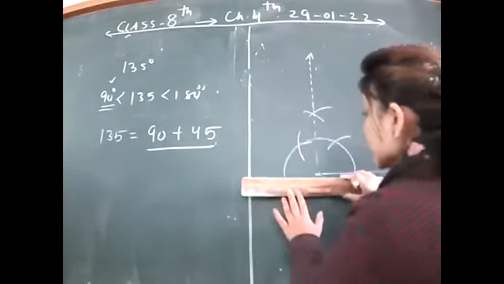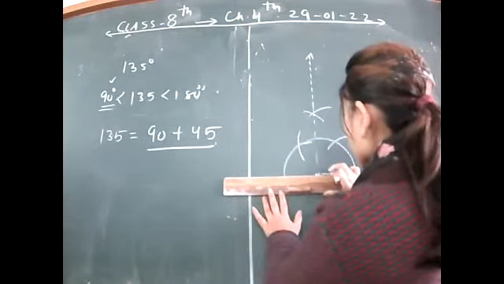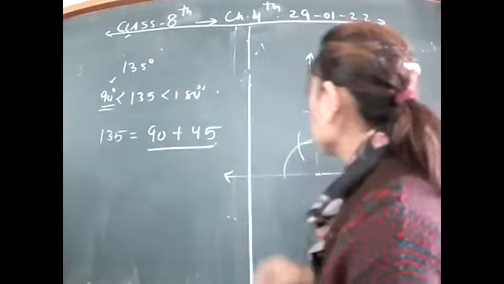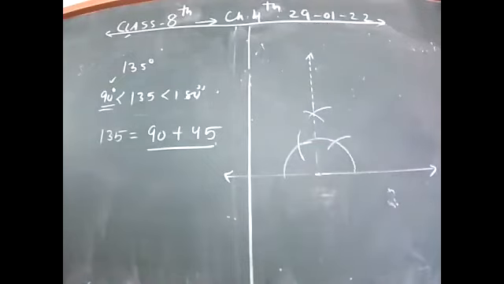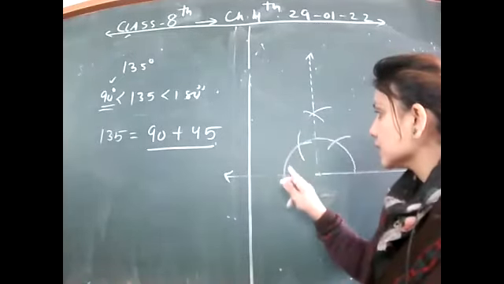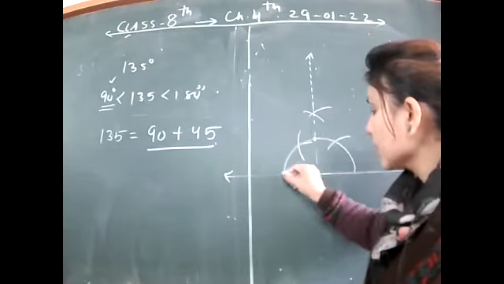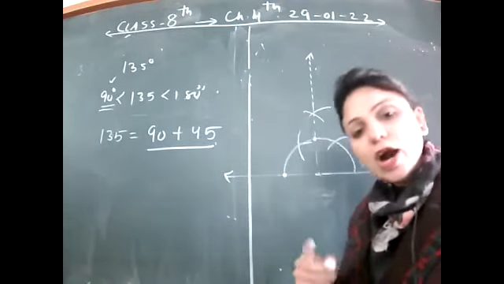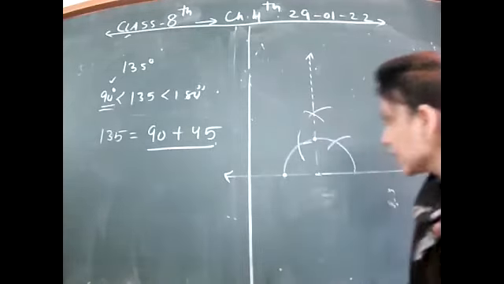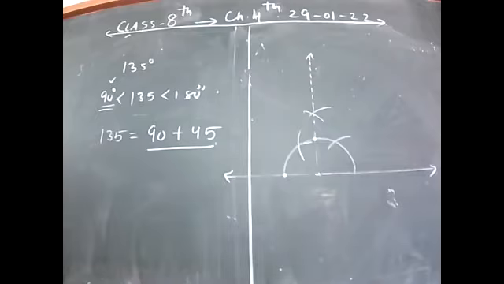Now you just increase this ray on the opposite side. Increasing the ray on the opposite side, you can see that here also 90 degree angle is there. यहाँ से यहाँ तक का arc ये 90 degree का है. Now out of this 90 degree, you need 45 to make 135. चलिए इसको bisect करते हैं 45 तक पहुंचने के लिए.